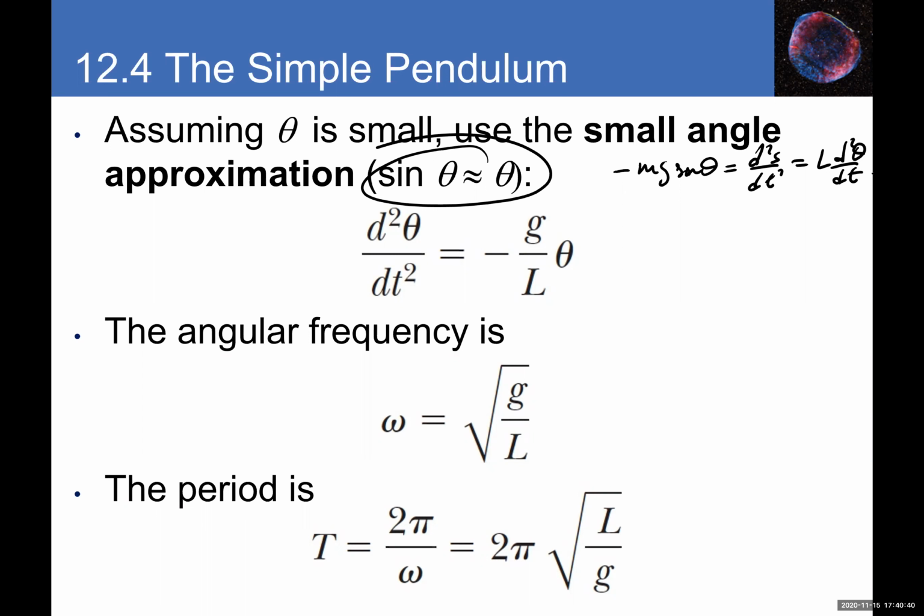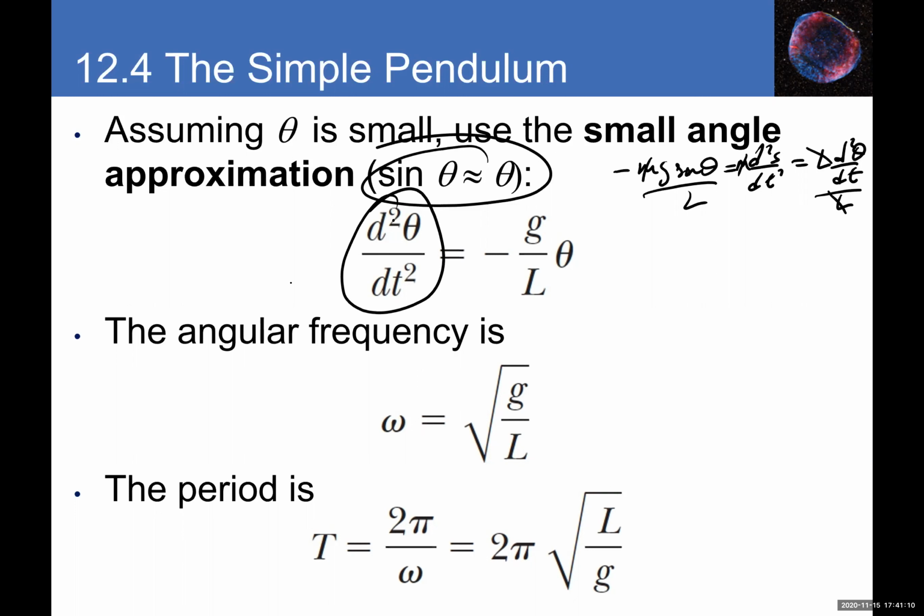If we divide both sides by L, then I have d squared theta dt squared equals negative g over L, because the m over there cancels one another. And dividing both sides by L gives me this.